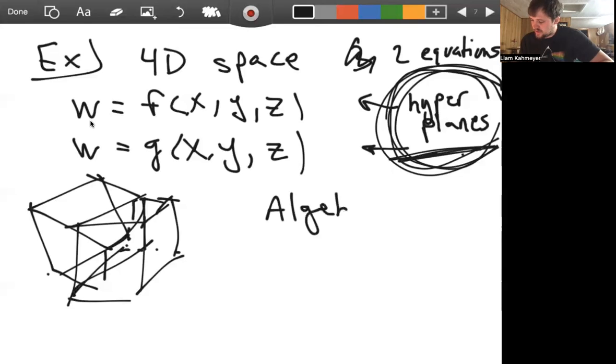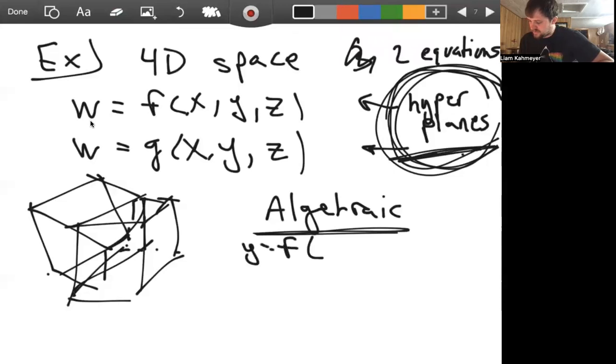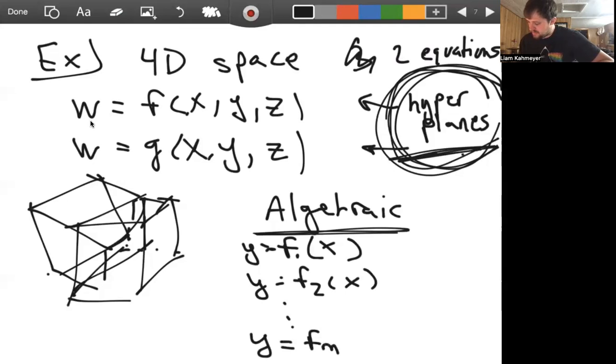The algebraic analog here is we have this system of equations, so we have y equals f sub 1 of x, y equals f sub 2 of x, et cetera, y equals f sub m of x, maybe we have m equations, right?